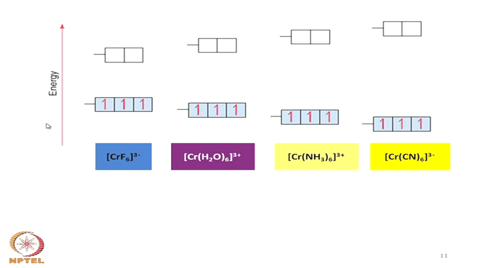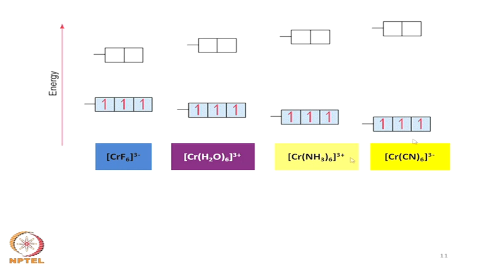So, now if we simply look at the corresponding splitting pattern, with the corresponding example of the chromium compounds, these have already been arranged in terms of the spectrochemical series.